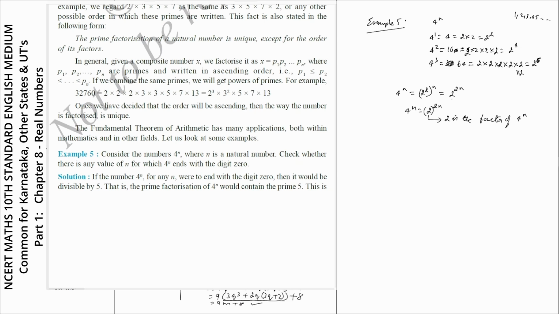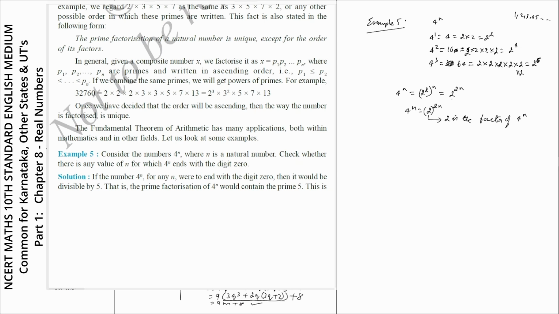Okay, now the question is, what is the question? Check whether there is any value of n for which 4 to the power of n ends with a 0. Now 4 to the power of 1 is 4, so in 4 the units digit is not 0. 4 to the power of 2 is 16, so in 16 also there is no 0 in the units place. 4 to the power of 3 is 64, so 64 also has no 0 at the end.